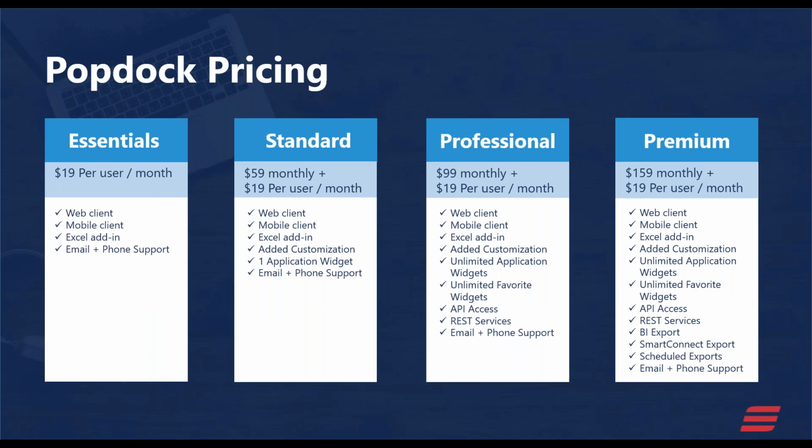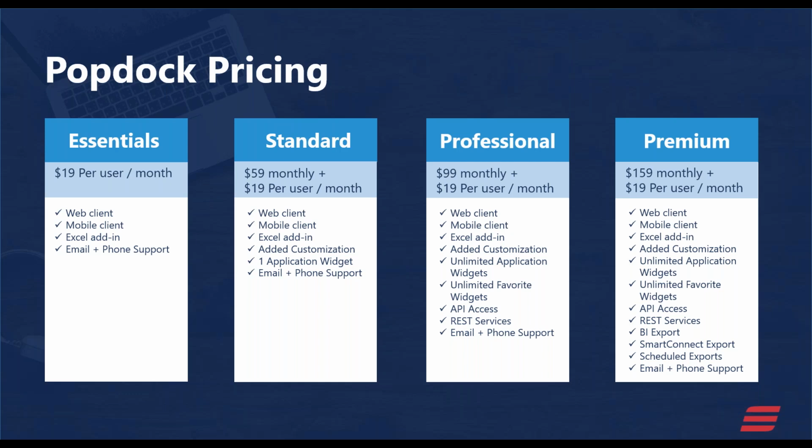Okay, let's go through some pricing. Underneath our Essentials plan, PopDock is $19 per user per month, so incredibly inexpensive. If you want that widget functionality, it would be the $59 monthly plus each user per month, okay?